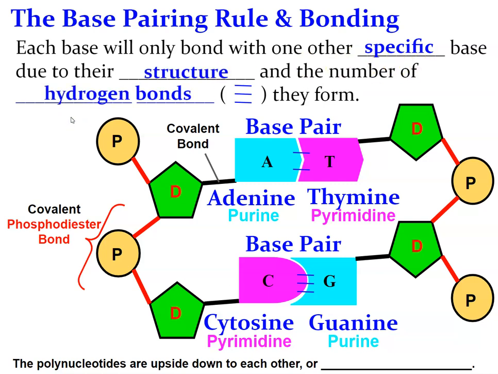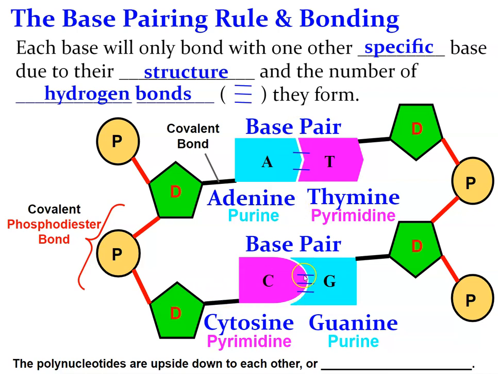And if you'll recall, what makes this really significant is the hydrogen bonds are the weakest kind of bonds that we've learned about. And as far as I know, they're the weakest kind of bonds there are. So that means that it's very easy for the DNA, the two polynucleotides that make up DNA, to separate, to come apart, what we're going to refer to as unzipping.